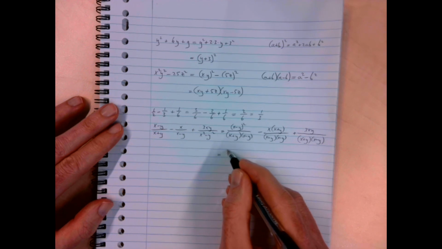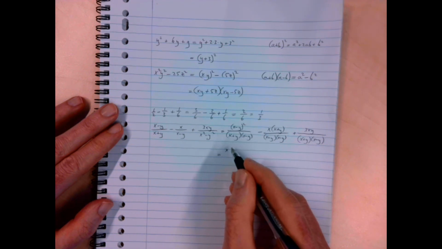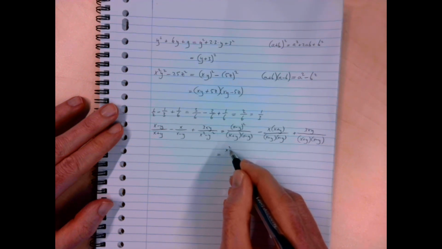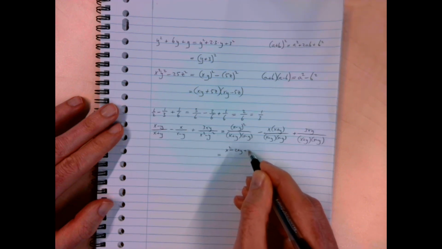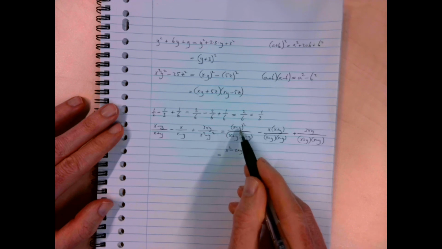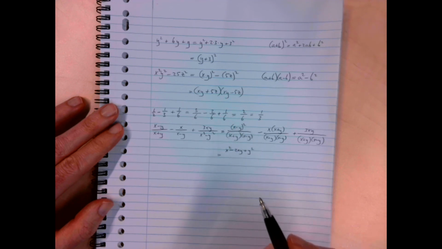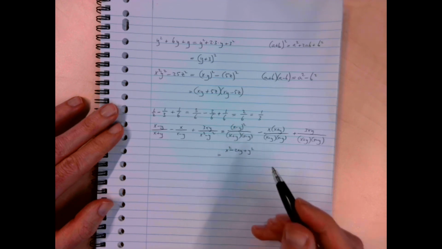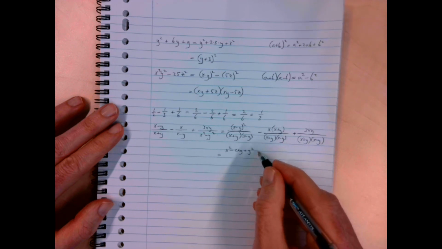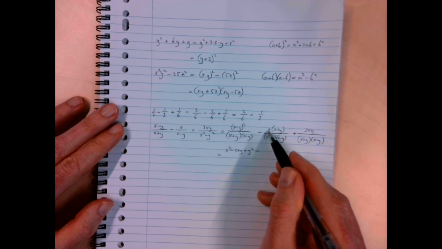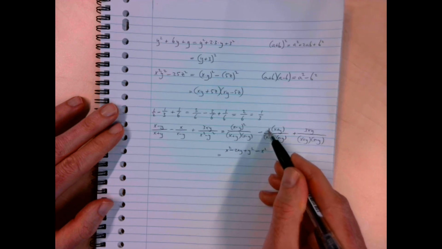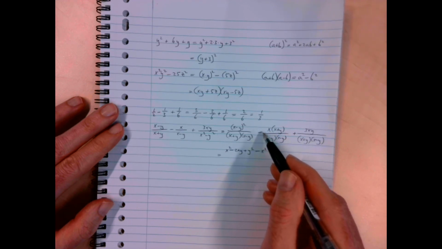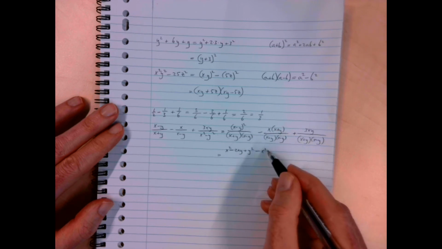So what do we have here? The first one, if we get rid of the brackets: x squared minus 2xy plus y squared. That's from getting rid of this first numerator's brackets. The second numerator gives us minus x times x, that's minus x squared. Minus x, be careful here, this is minus x times y.